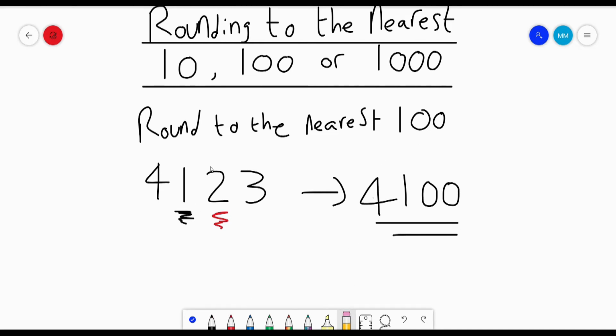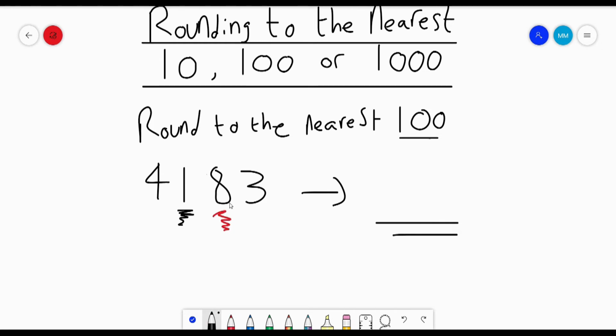Do another example. Let's make this an 8. Let's round this one to the nearest 100. 4,183. So which number is in the hundreds column? Because we're rounding to the nearest 100, we've got to look for the hundreds column. Well, it's the 1. What's the number to the right of 1? 8.